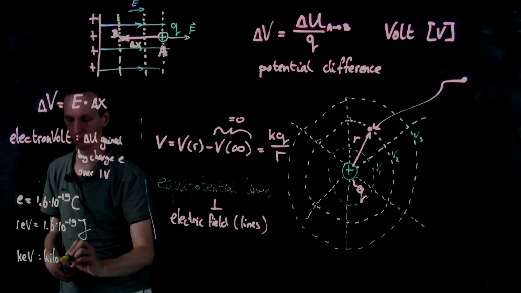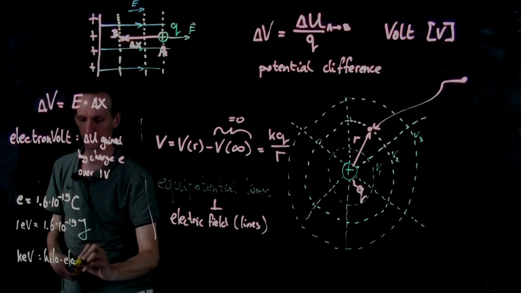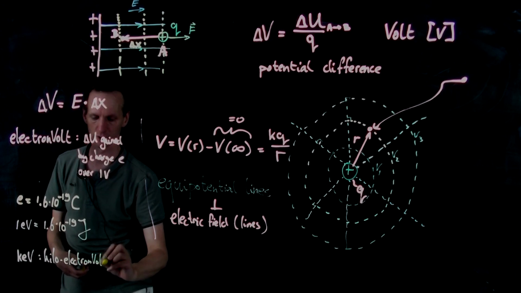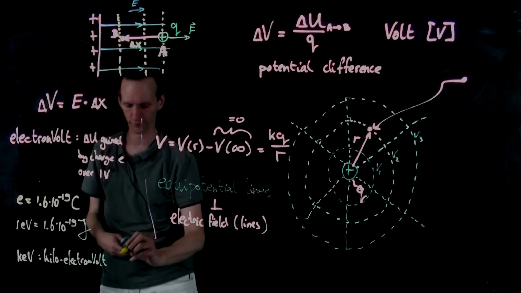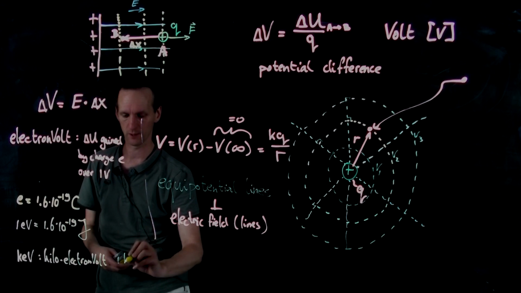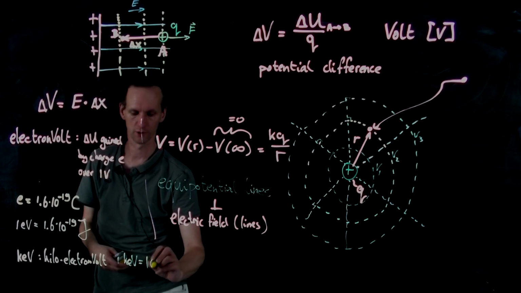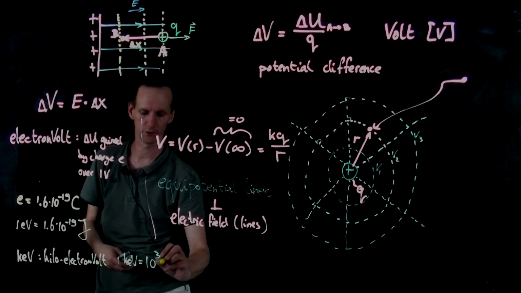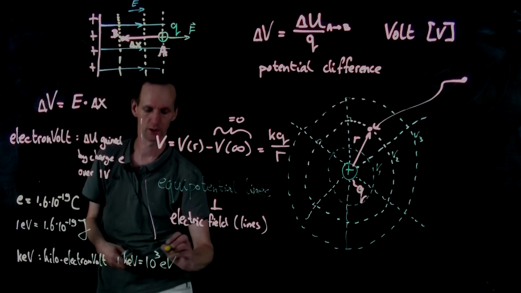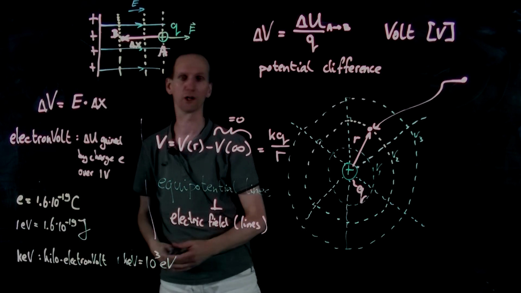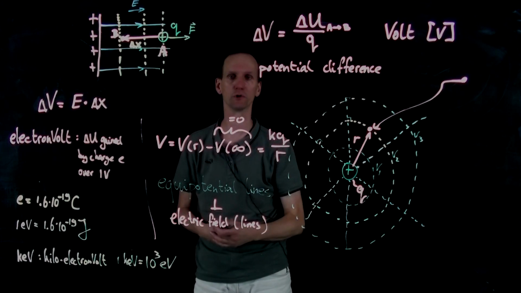So 1 keV now equals 1000, 10 to the power 3, electron volt. And you will encounter this unit of electron volt and kilo electron volt a lot in the lectures about electron microscopy.